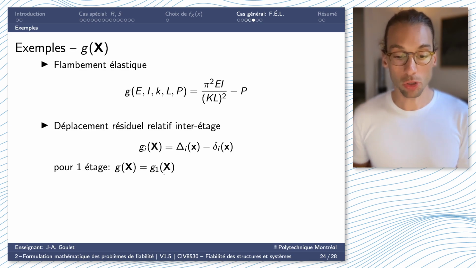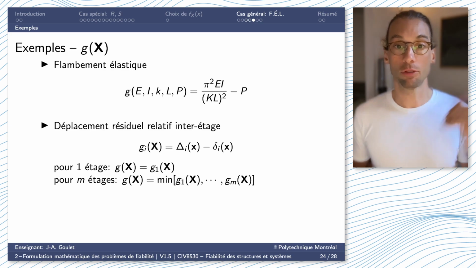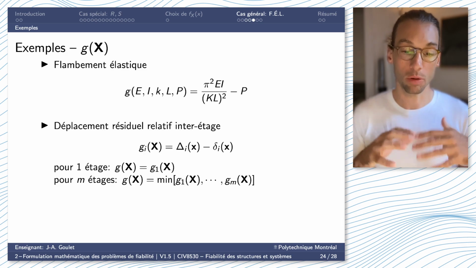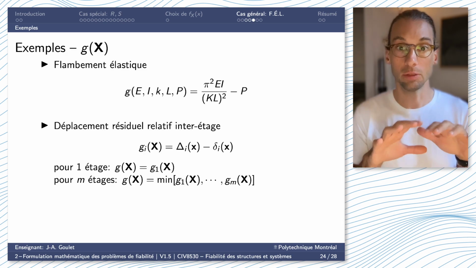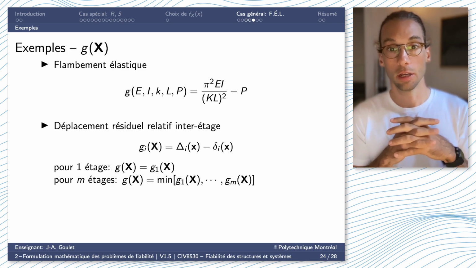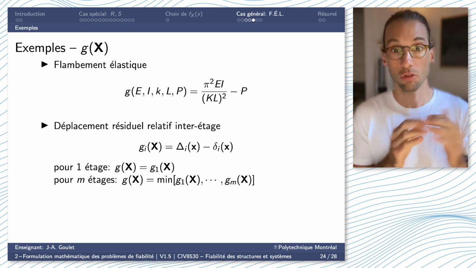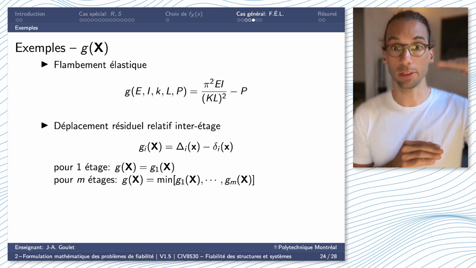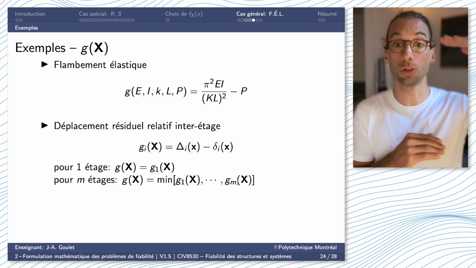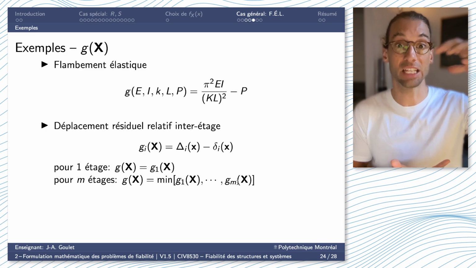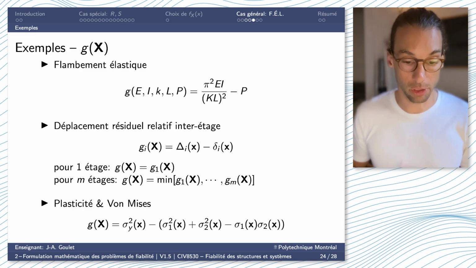So for one story, I'm going to have just g1 of x, but I can have m floors in my building. So if I want to model my joint probability of survival, I need to define the limit state function for my whole building. So in that case, I'm going to take the minimum of my limit state functions for my m floors, because if any of the floors fail, I can assume that my building has failed under earthquake loads.